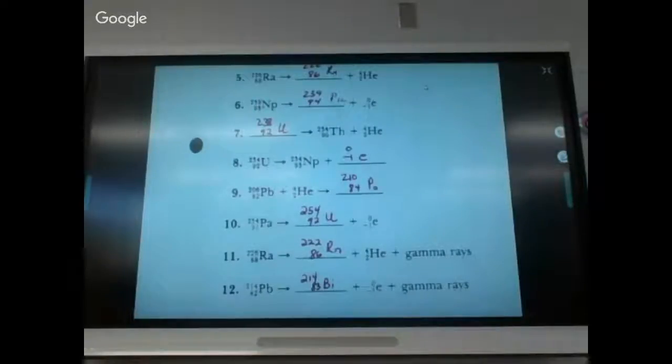So on number 9, I wrote 202 and then 80. How do you know, do you just look for which two elements are grouped together? What do you mean you wrote 202 and 80? Because I thought one was 202, one was 206, then 80 must be 82.